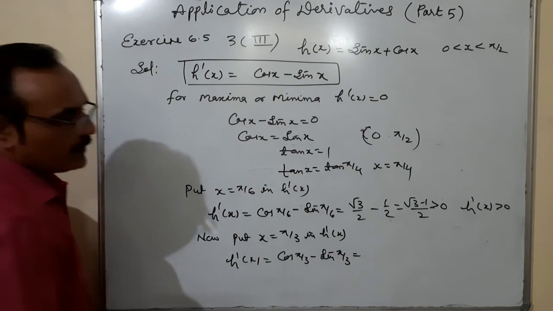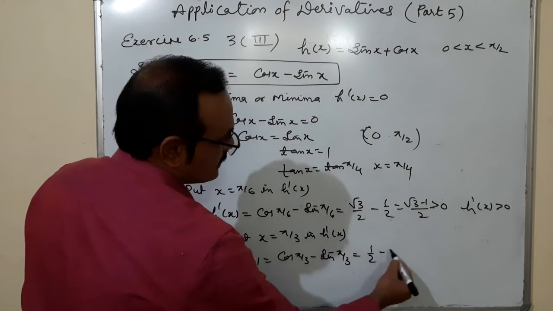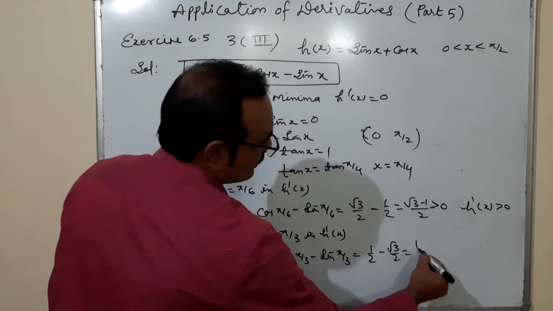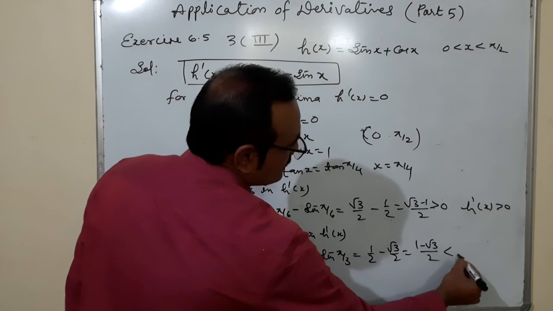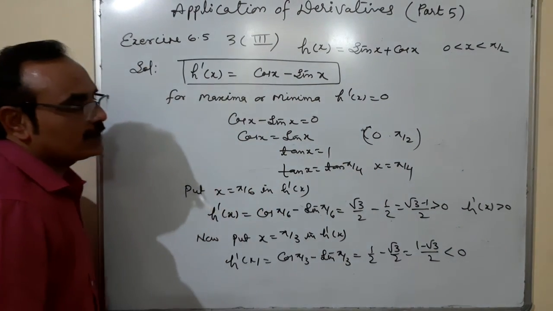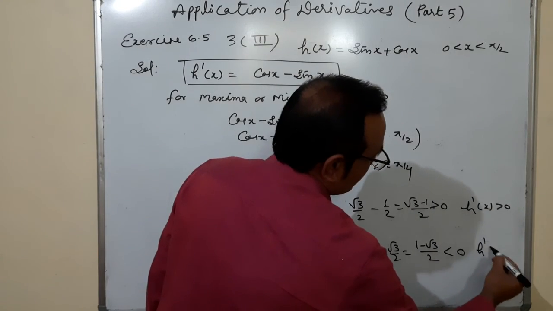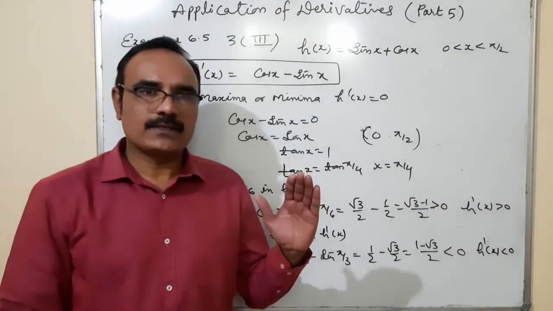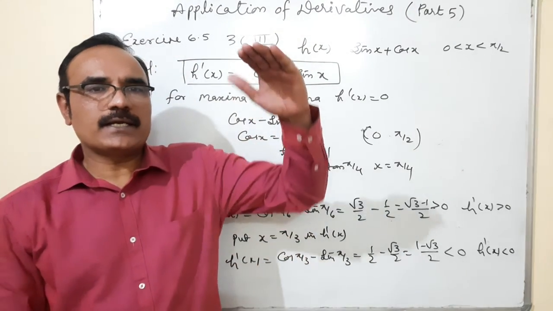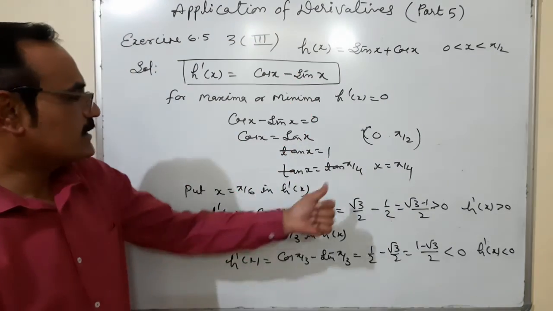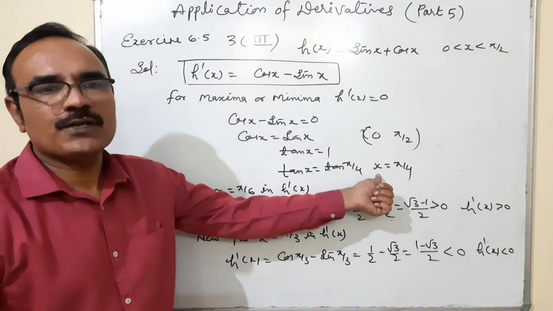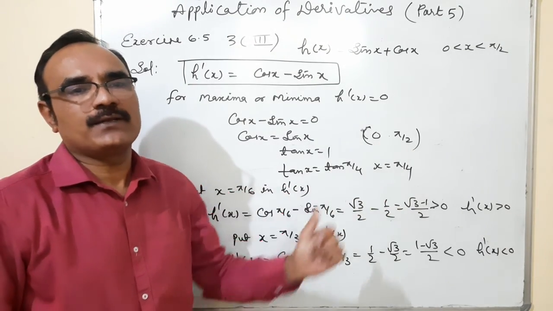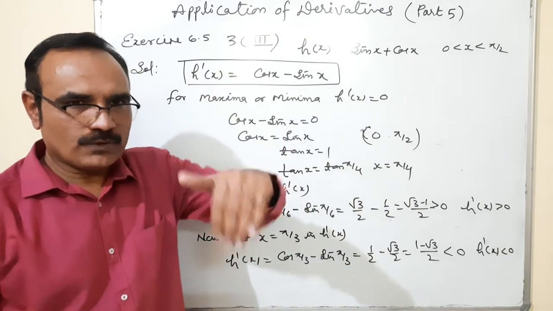Cos 60 is 1 by 2. Sin 60 is root 3 by 2. It is coming 1 minus root 3 by 2, which is less than 0. And what does it mean? Here h dash x is less than 0. In the function, it is increasing and then it is decreasing. That means at x is equal to pi by 4, we are getting a maximum value, from increasing to decreasing.